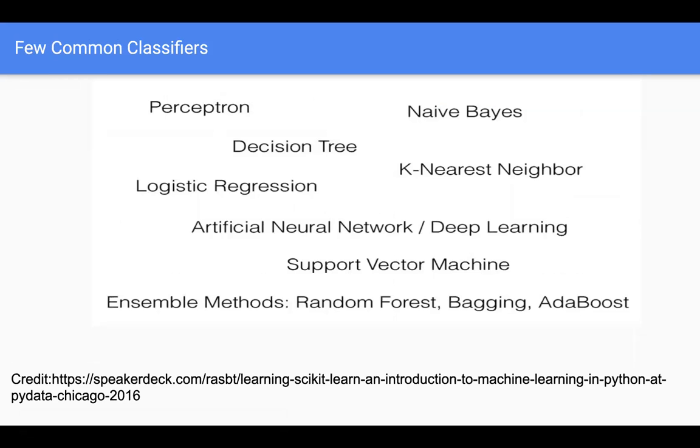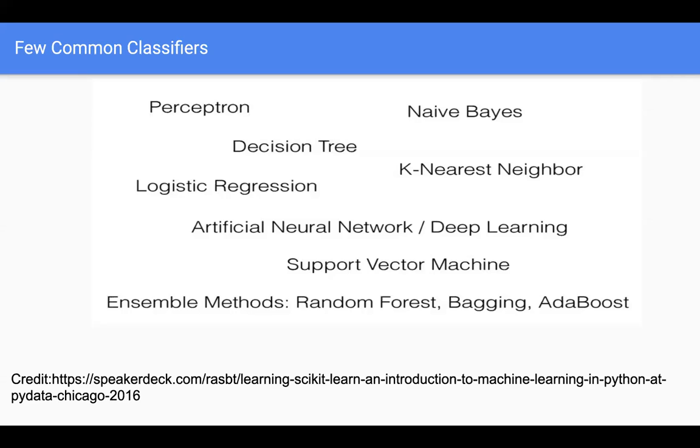There are different kinds of classifier algorithms that are available, and the scikit library that we'll be using supports different kinds of classifiers. We have the decision tree, which we had seen in one of the previous classes.